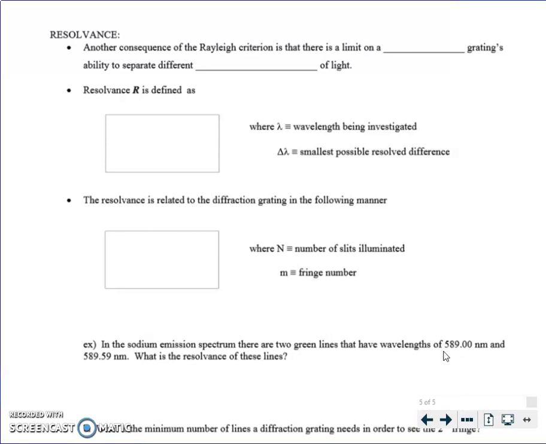Okay, so what is resolvance? It's the limit you get from a diffraction grating, its ability to separate different wavelengths or frequencies of light. We're going to find a quantity called resolvance, capital R, not to be confused with resistance.